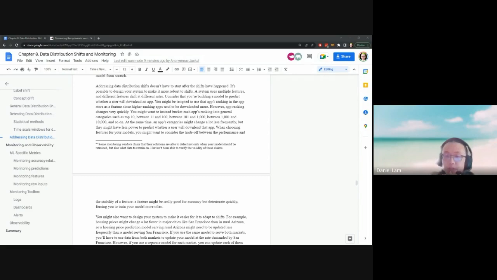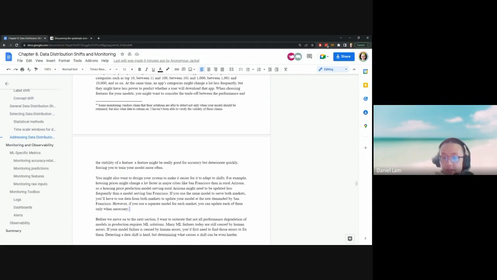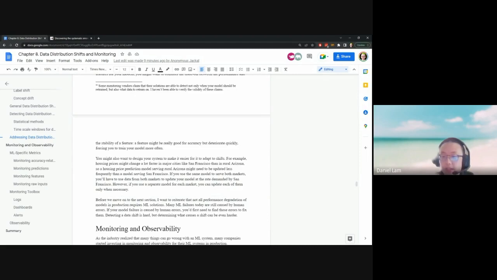And then the paragraph below, there's a paragraph about if you have a model that does housing prices, and you have two different cities, this paragraph uses San Francisco and Arizona, the prices might change at different rates.